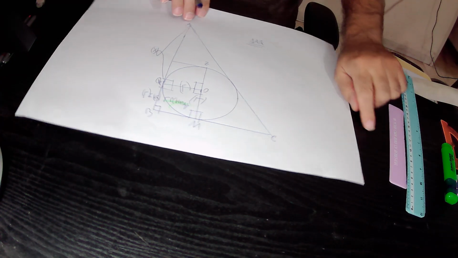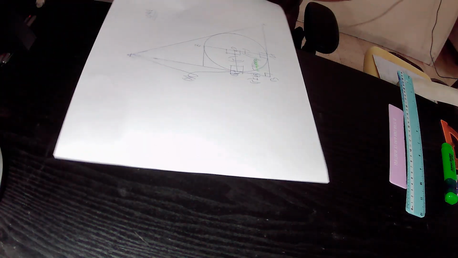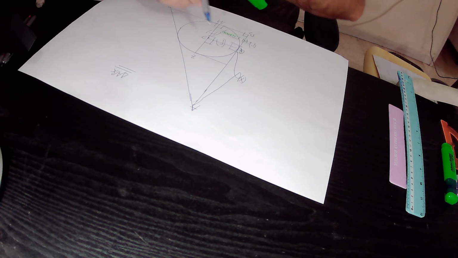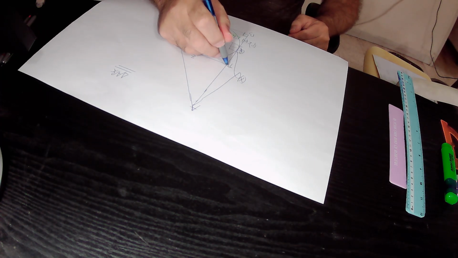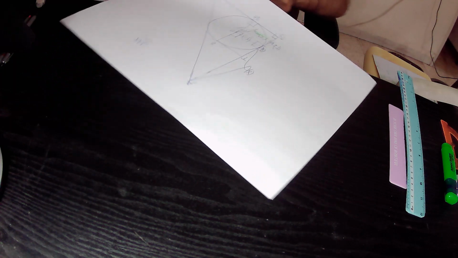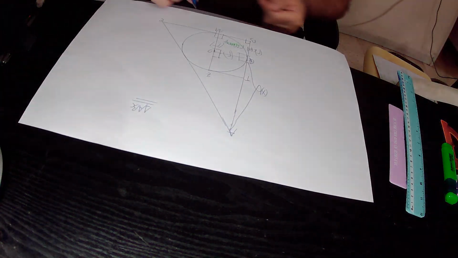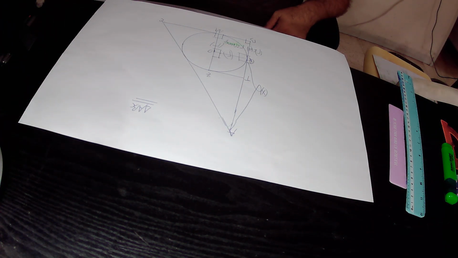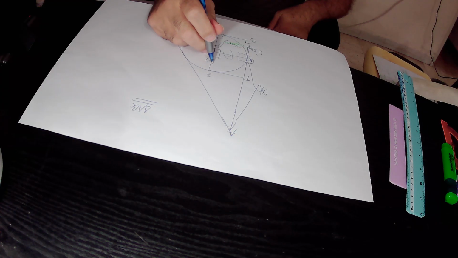This point is point T. Point O is the center of the circle, point Z is a point on the circle itself, therefore OZ is the radius of the circle, and it is equal to R units.